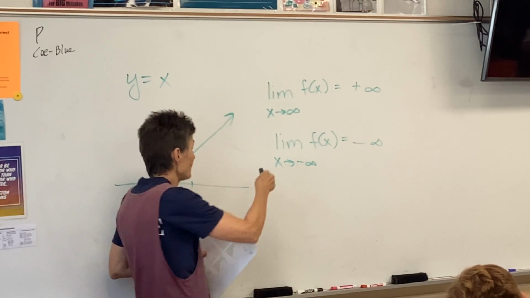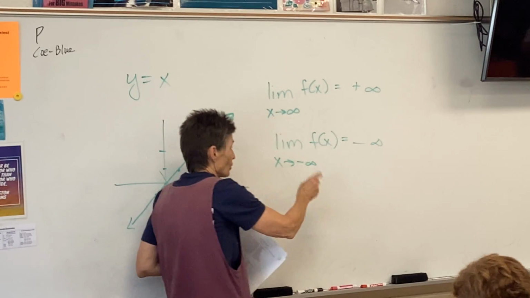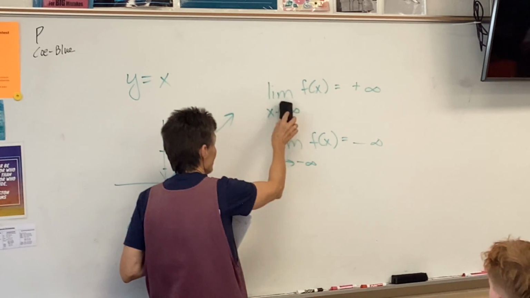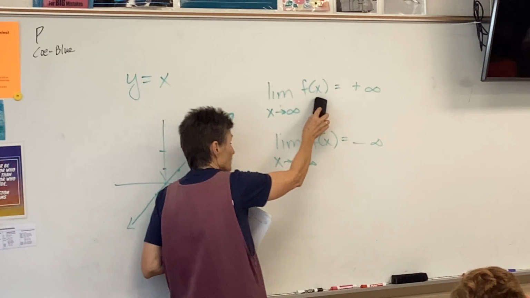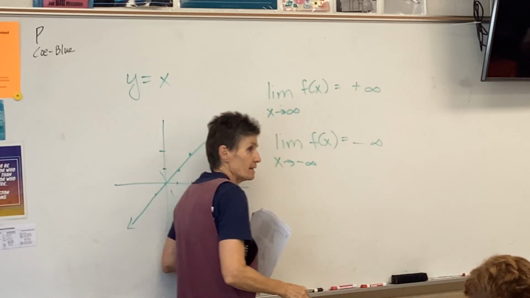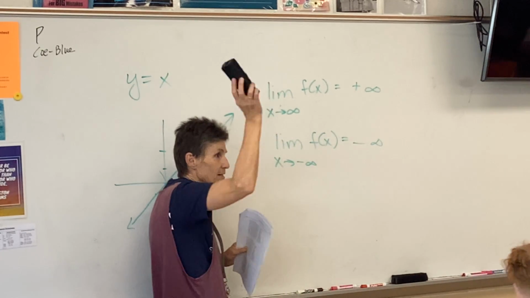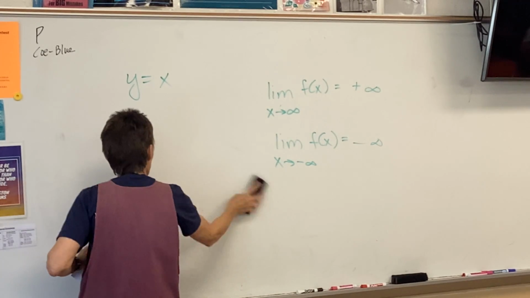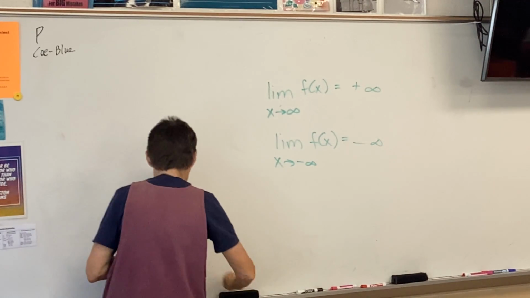Alright, so your end behavior is going to be two statements. They're going to look just like that. It says the limit of the function as we go to the right is positive infinity. That means there really isn't a limit, it just keeps going. Alright, next function.